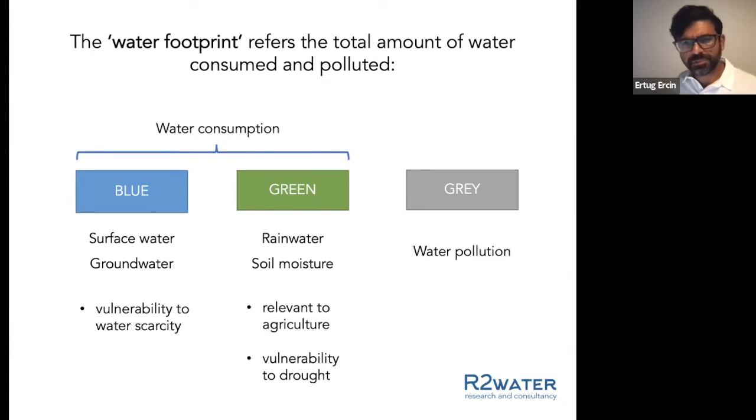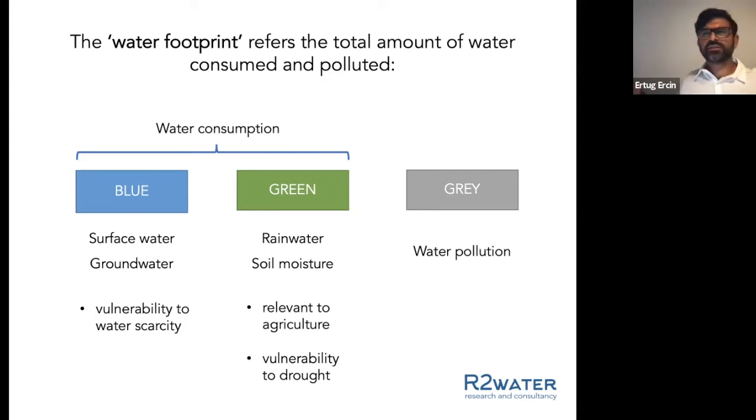And there's a water pollution part, which we call the gray water footprint. In the gray water footprint, I don't want to come to the calculations, but briefly mentioning, you need to know where you dump the water, where you discharge the water, the pollutants you give into the water in terms of the pollutant load, and also in terms of assimilation capacity of the water body where you discharge your wastewater.